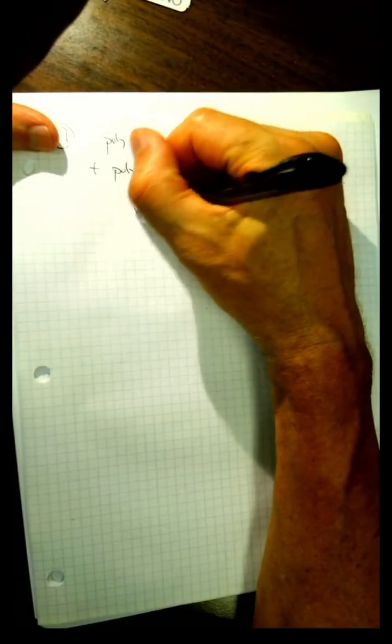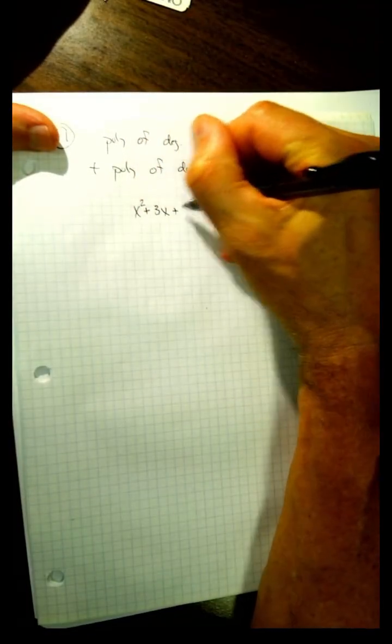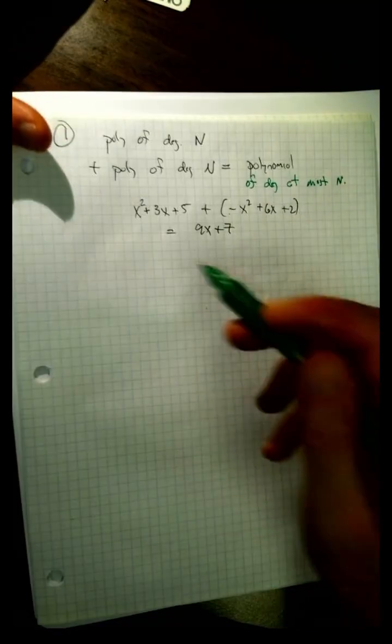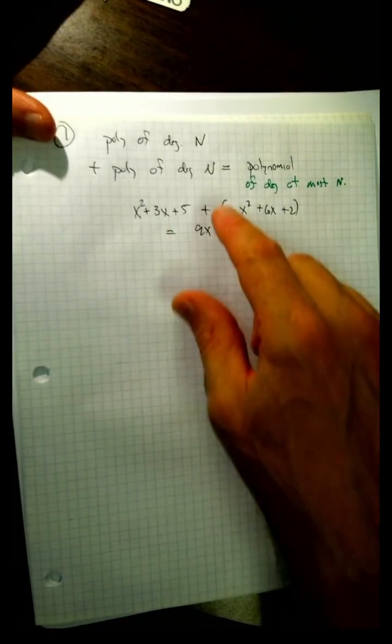All right, so for example, if you take x squared plus 3x plus 5 and add minus x squared plus 6x plus 2, the x squareds are going to cancel, and I'm going to be left with 9x plus 7, so it's a polynomial of degree 1. It is not possible to take two quadratics and get a polynomial of degree 3. So you're going to get a new polynomial, and the biggest order it could be is the same order as what you started off with, but it could be less.